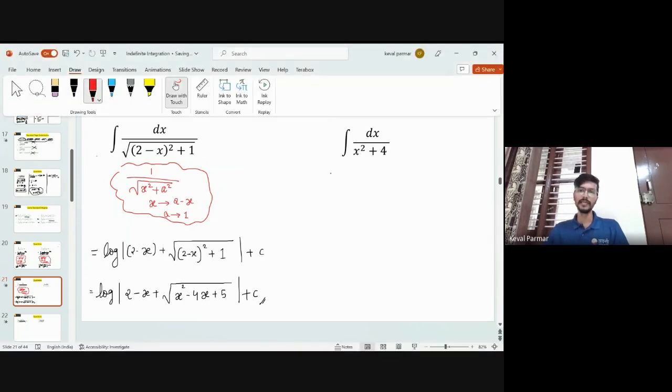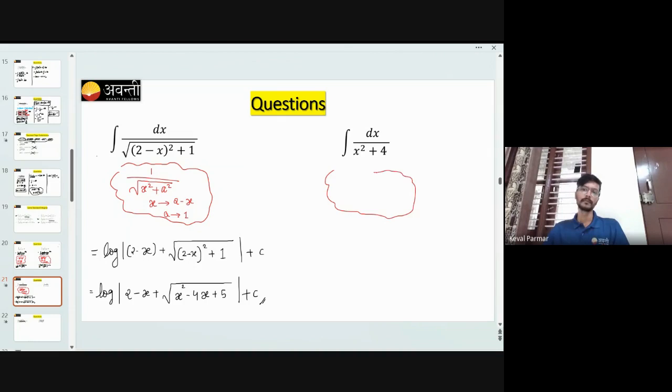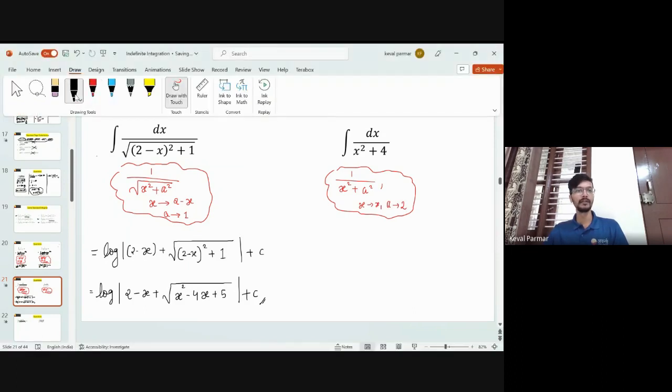What does this look like of the formula? It looks like 1 upon x square plus a square, where in place of x we have x, and in place of a we have 2.